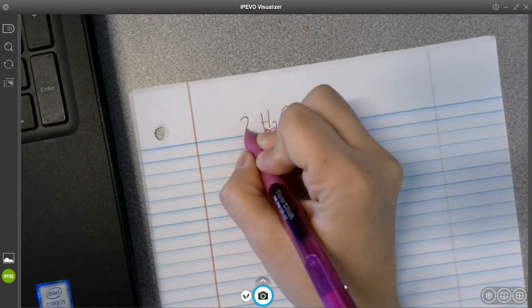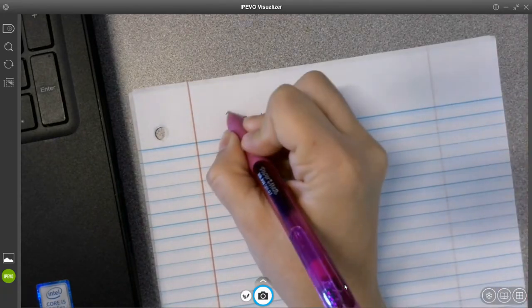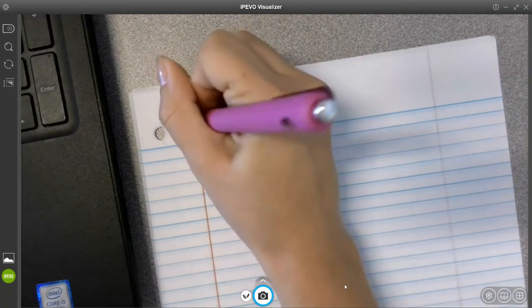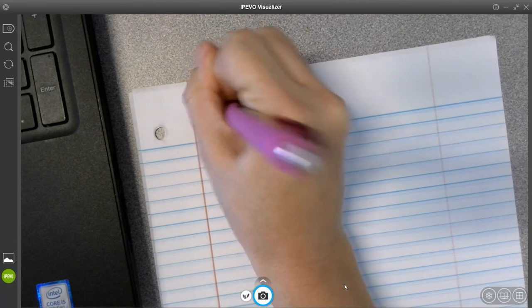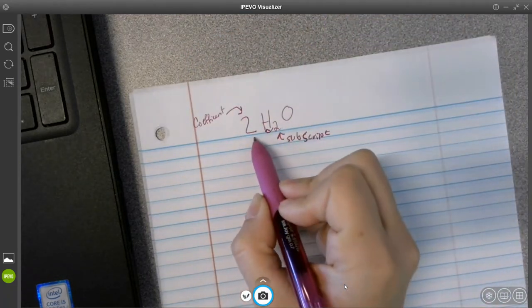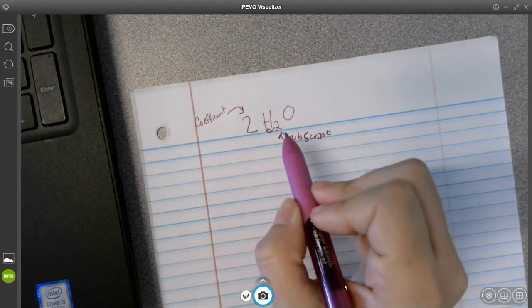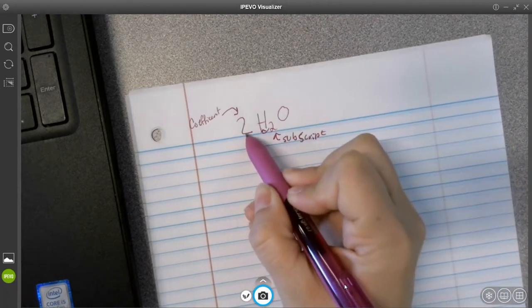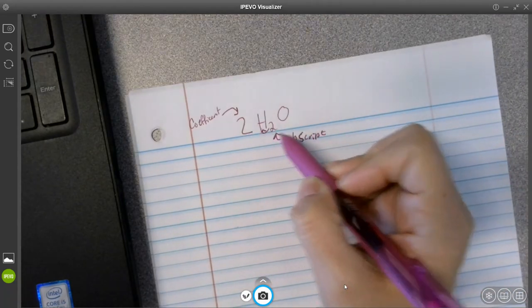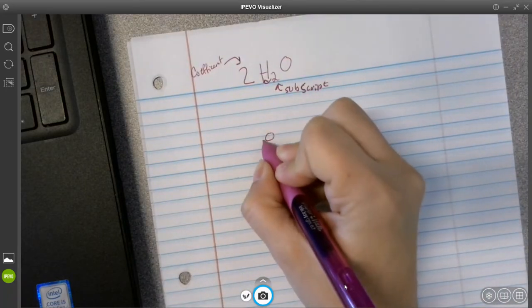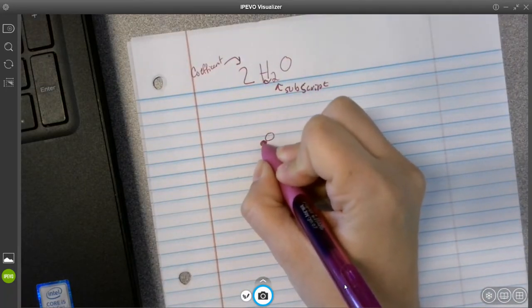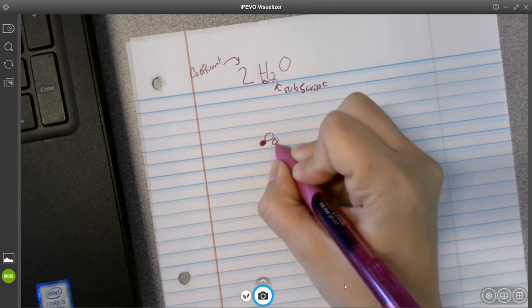If I have a big number in front, this big number is known as a coefficient. And this tells me how many water molecules I have. It tells me I have 2 entire water molecules. And so let me go ahead and draw out 2 water molecules.